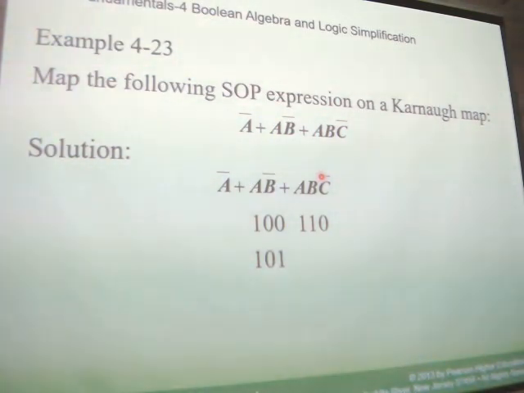AB bar must be converted to AB bar C and AB bar C bar, which are 101 and 100.